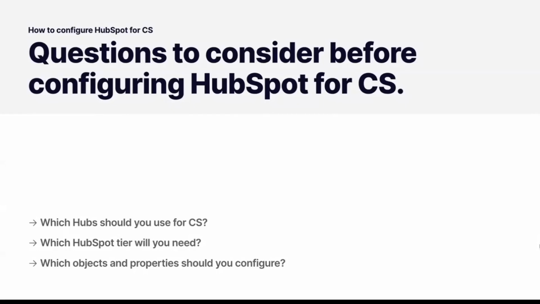You're going to want to see what is their life cycle, what is their total spend on an account. Those you'll most likely want to put on a company record, and then you can copy those properties to whether it's deals or tickets that are going to be associated with that company.